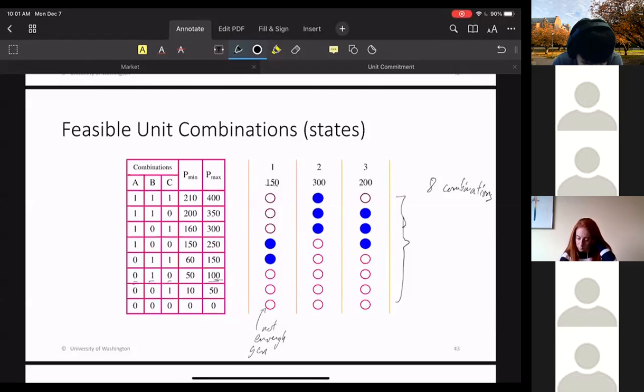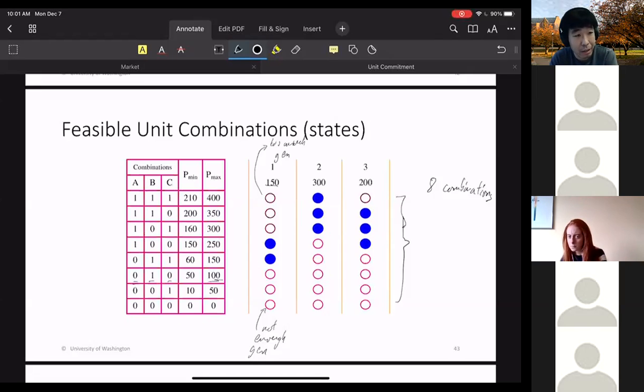So there's not enough total generation to meet the demand, so it is infeasible. If you look at this one, this is too much generation, because the minimum is more than the load. So these are not feasible. Only the blue dots are feasible.